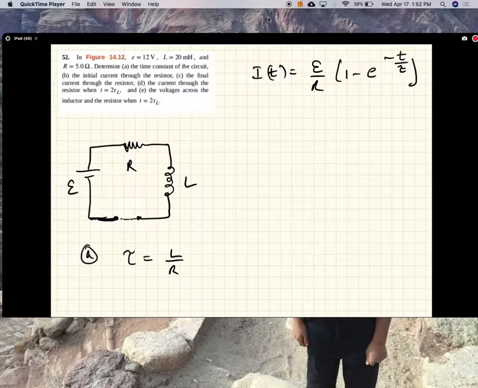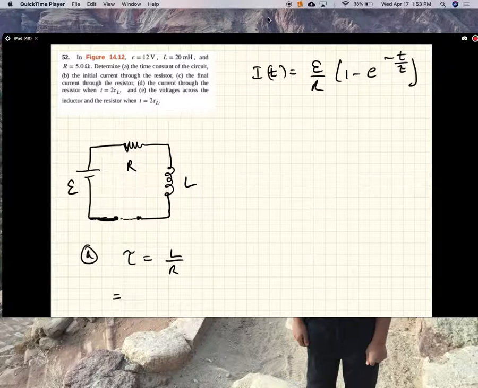Okay, so part 1 of the problem is asking what is the time constant of the circuit, meaning what is the time scale over which things change.